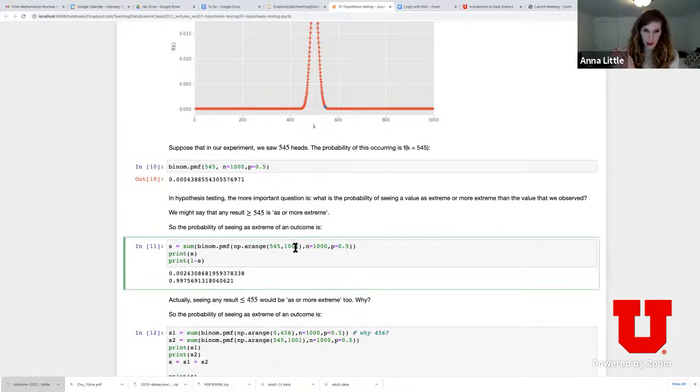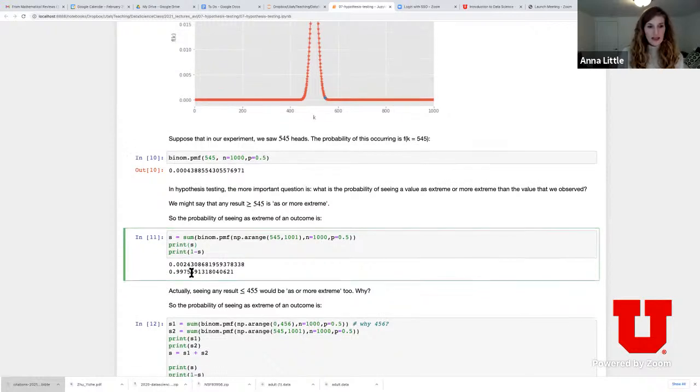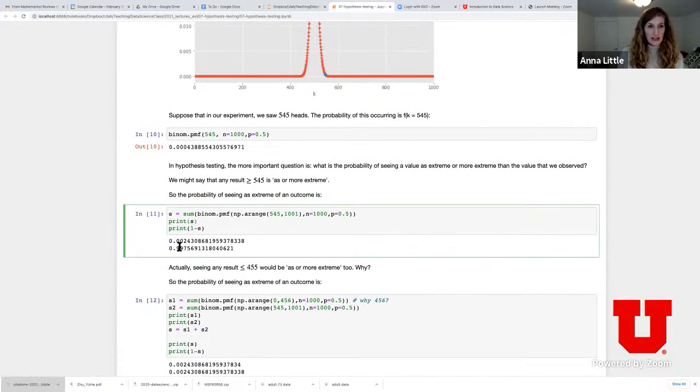Remember, this np.arange does not include the last argument, going 545 to 1,000. And if we print that sum, we'll see it's 0.002. Okay, which is a lot larger than 0.0004, but still quite small. So we see that there is only a 0.2% chance, if the coin were fair, that we would get a count that large.